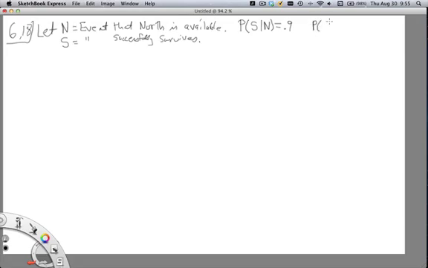If it is built in the south means that it is not built in the north. So N with a bar over it means south. The chances of survival are only 65%. So the chance of survival, given that it's not in the north, is only 0.65.